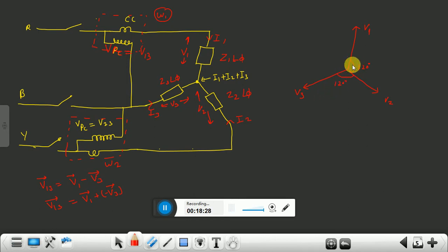So this is your V1, and suppose we want to make a minus V1.